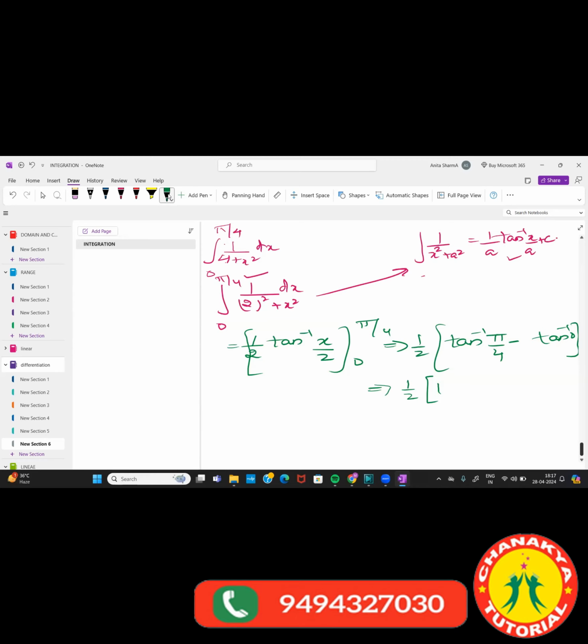Wait. Here I have to write 1 instead of pi by 4. Then you will get the values. So 0 to 1. Now write 1 upon 2, tan inverse 1 minus tan inverse 0. Now value of tan is 1 at which angle? Pi by 4, beta.